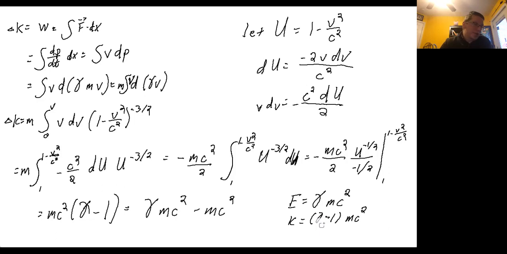And then what if, instead of relating it to velocity, you want to relate it to momentum? So how does that work? So P is equal to gamma times mv.